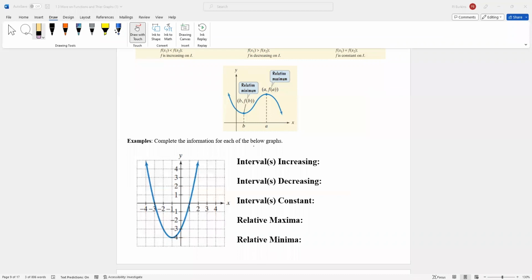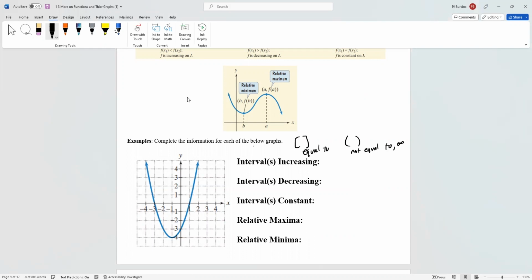All right, so let's take a look at this first example here. Keep in mind that if we are doing equal to, we're using brackets. We're using parentheses for not equal to, or infinity, or if we have a change at that point.